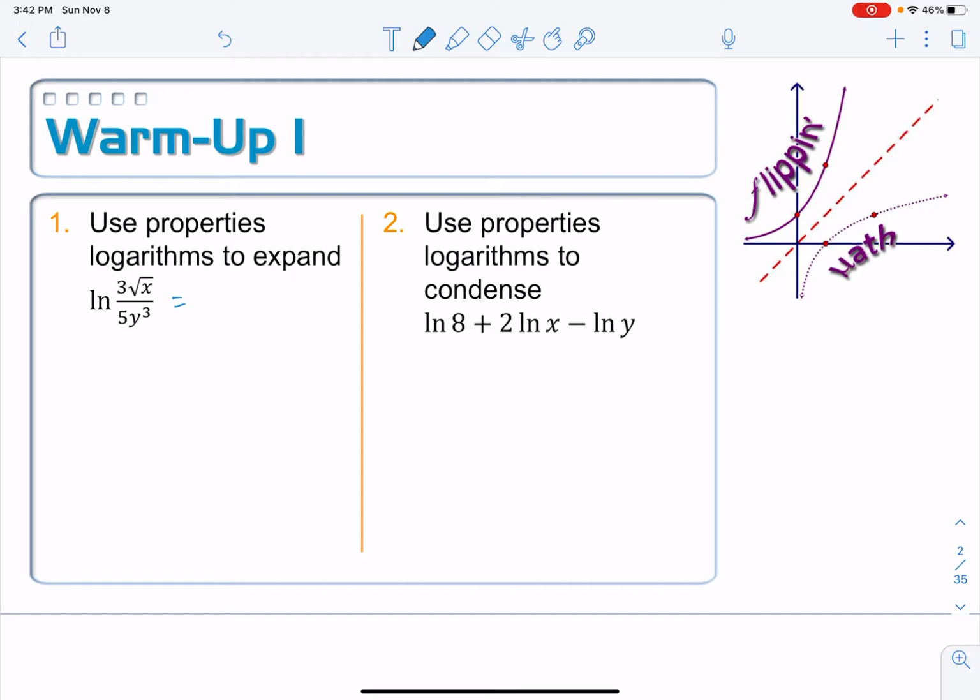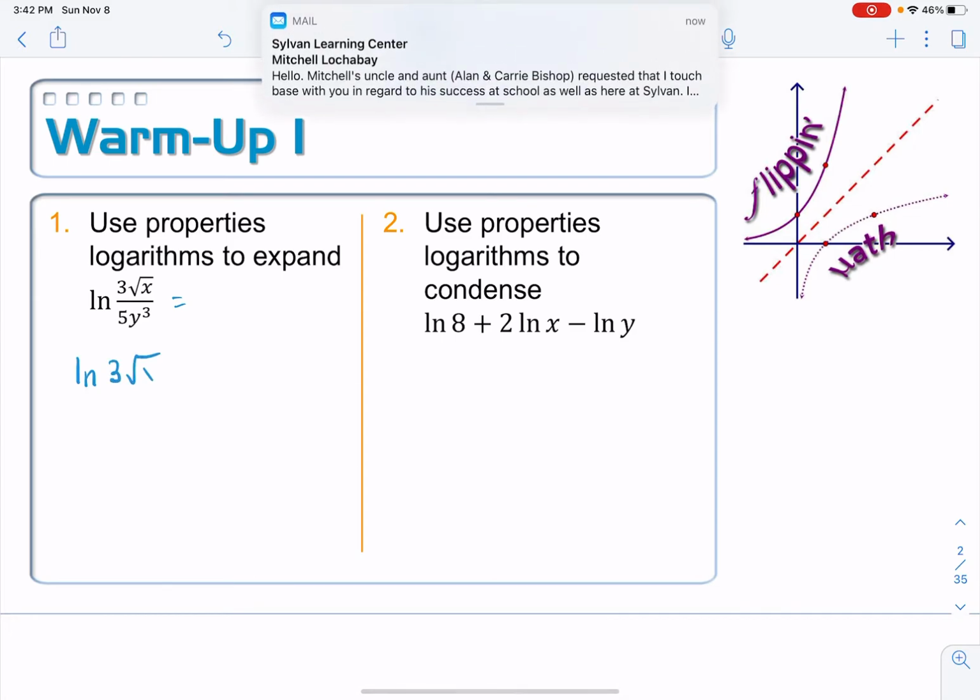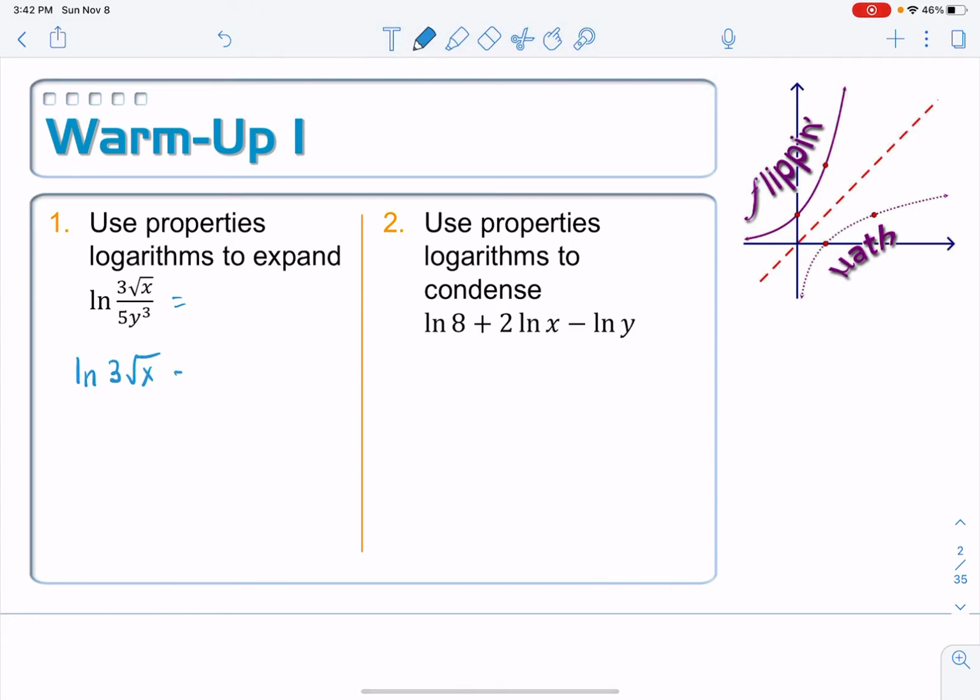The reason why is because a logarithm is an exponent, and whenever you are dividing with like bases, you subtract the exponents. So this is equal to the natural log of 3 times the square root of x, except for minus, the natural log of 5y cubed.